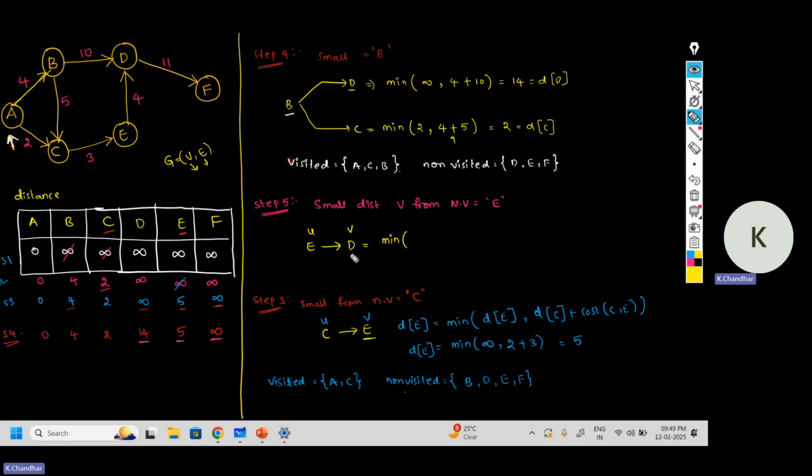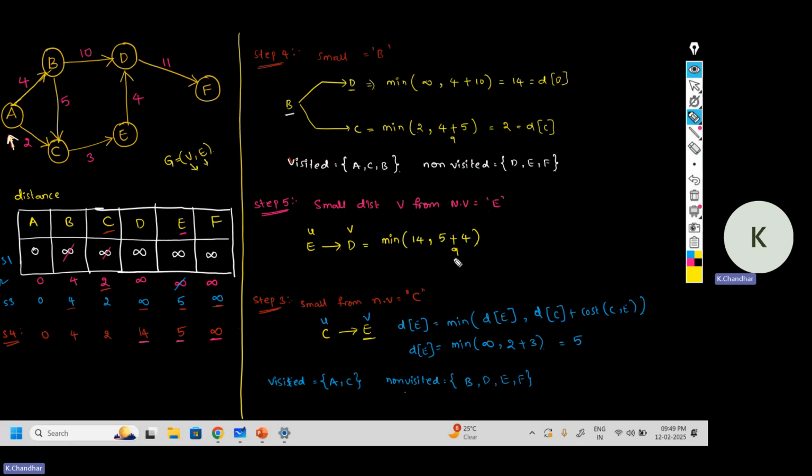What is the distance at D? 14, comma. How can I write the updated one? Distance at E. What is the distance at E? 5 plus the cost between E comma D. What is the cost between E comma D? 4. Right. So here this is 14, and 5 plus 4 is 9.